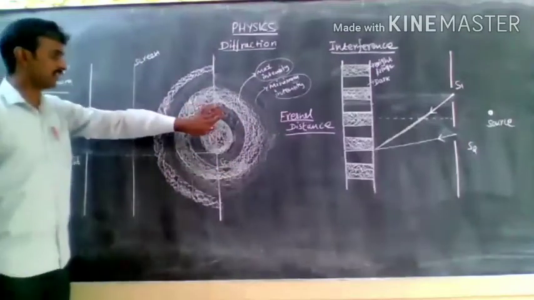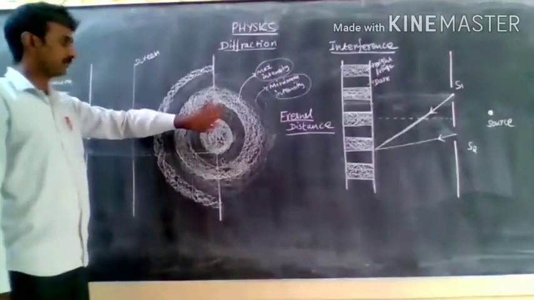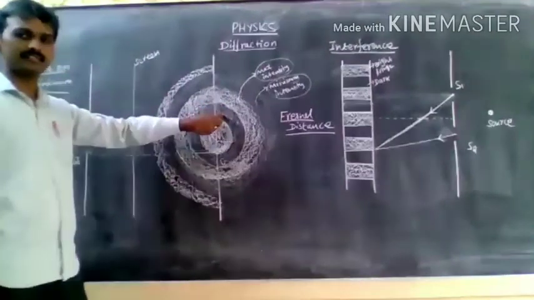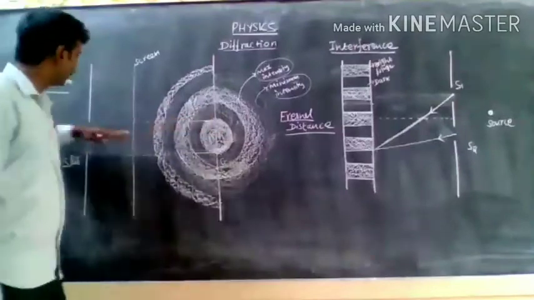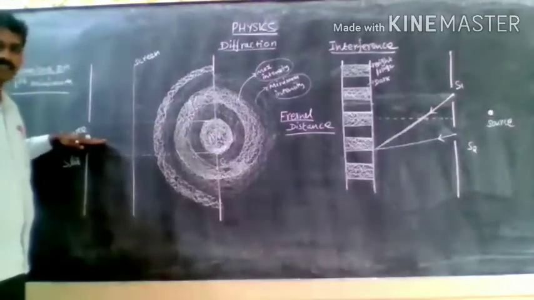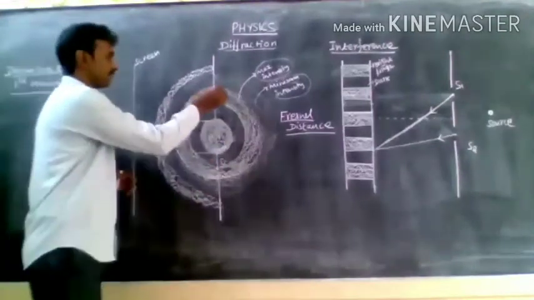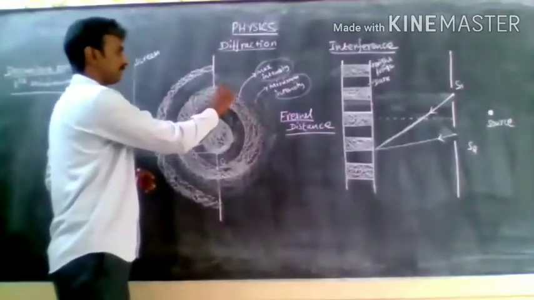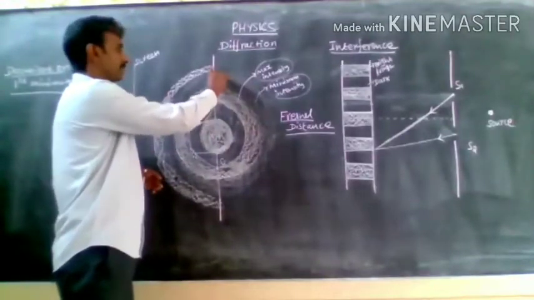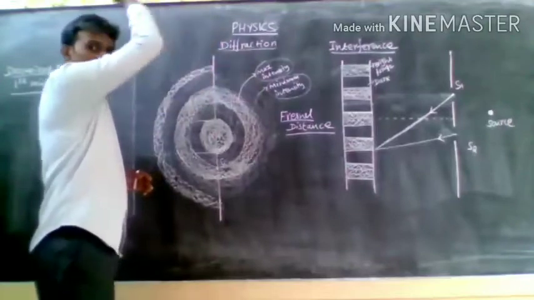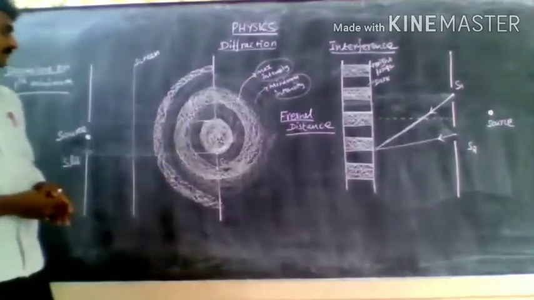Here the intensity of the light is equal to half of the intensity of the source. Next, we again obtain a maximum intensity point, then minimum intensity, then maximum intensity, like this.